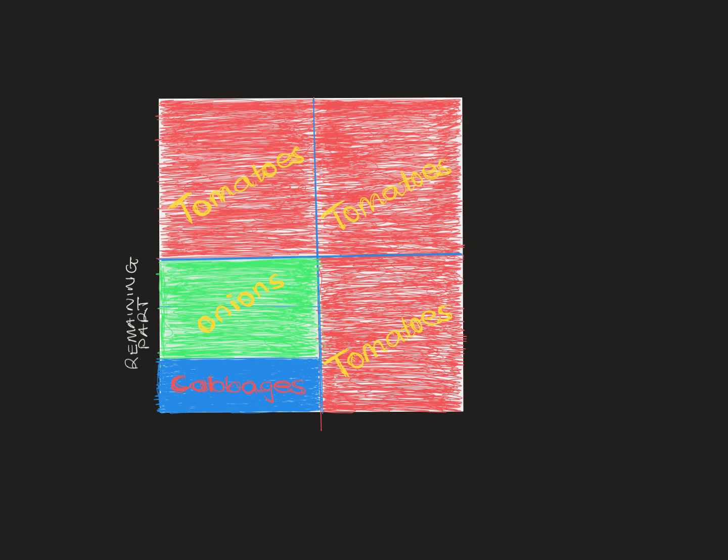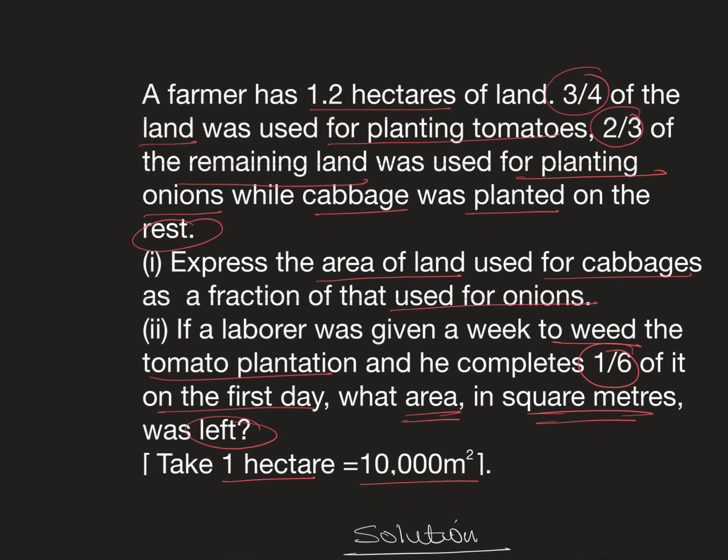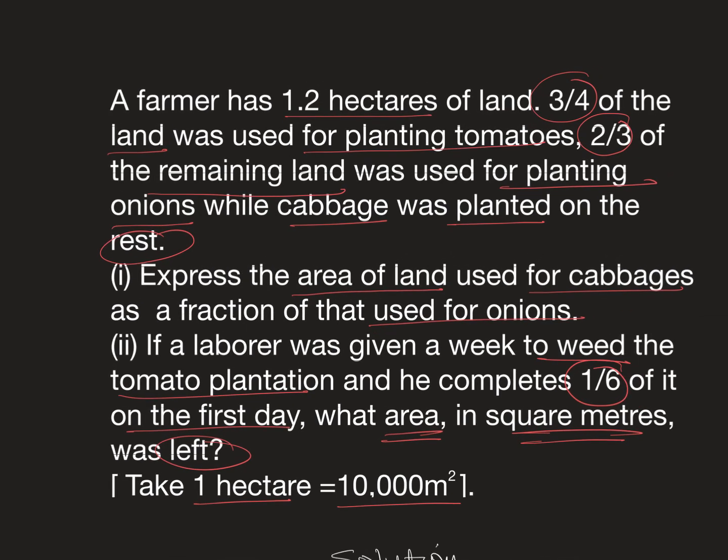You have to be very careful while interpreting the question because there is a trick. If you read the question carefully, it states that 2/3 of the remaining land was used for planting onions. So the trick here is one will assume that it is 2/3 of the entire land that was used for planting onions. No, it is 2/3 of the remaining land.